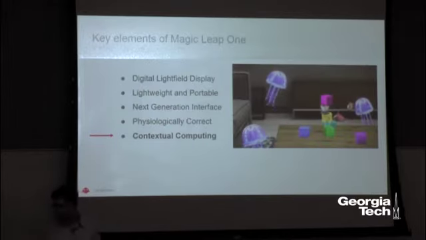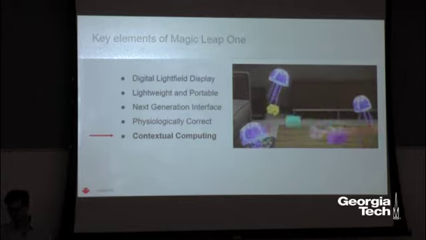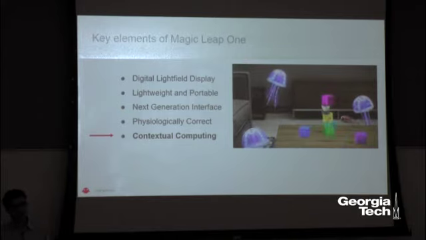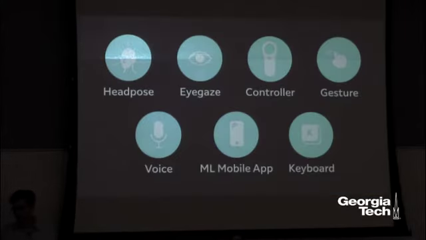And so we have these five different things that we are focused on at Magic Leap. I'll talk more about the contextual computing part, and that's where all the computer vision aspects of Magic Leap come under. To build a device like this in the augmented reality space requires all these computer vision algorithms to work together.